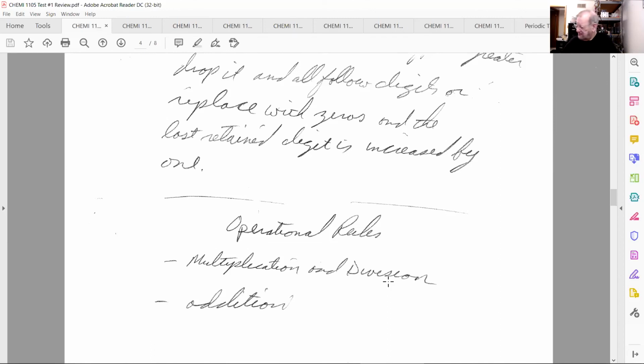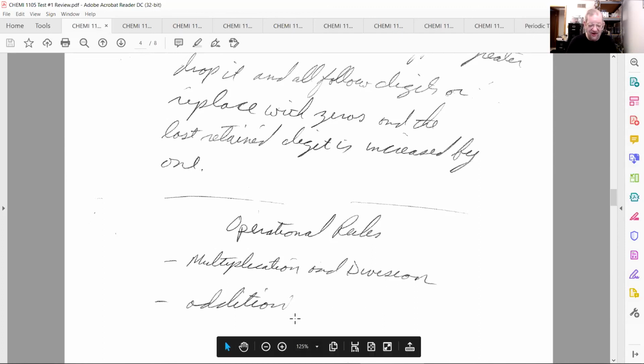Again, I will repeat it. When you do multiplication and division, you get the same number of significant figures in your answer as the number you're multiplying or dividing that has the fewest significant figures. And if it doesn't, then you round off, which, if you're using your calculator, you will. Also, I taught you addition.